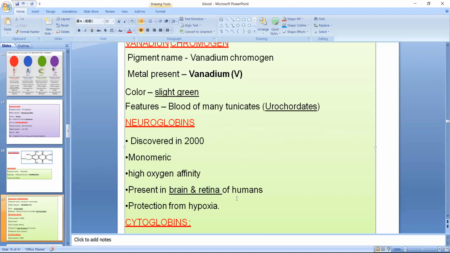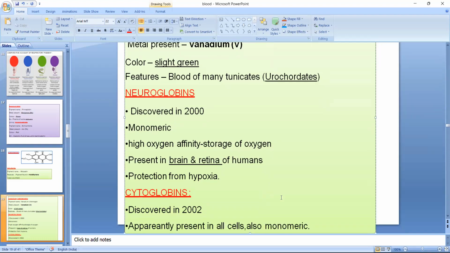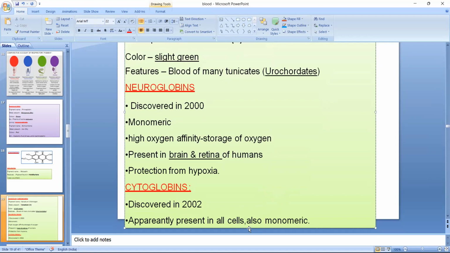Neuroglobin's main function is storage of oxygen, so that whenever the oxygen is not available or less oxygen is available, these can supply the oxygen, but it is still not clearly studied, not well established.